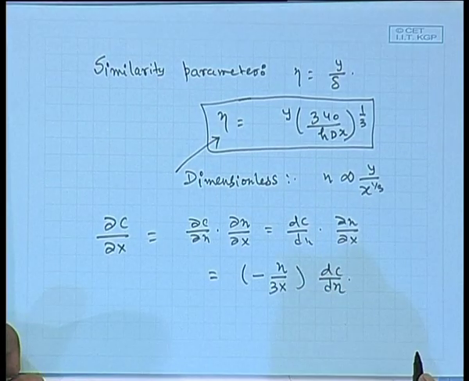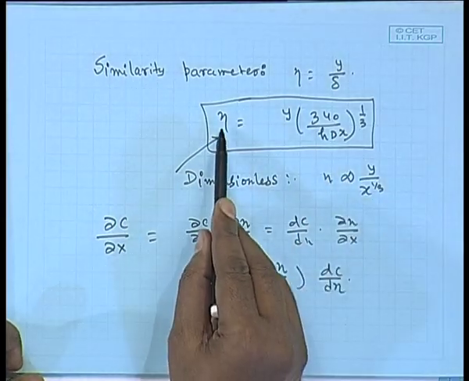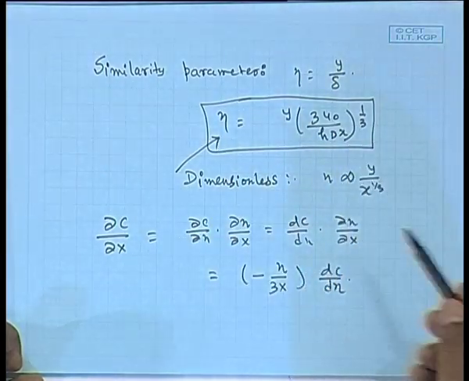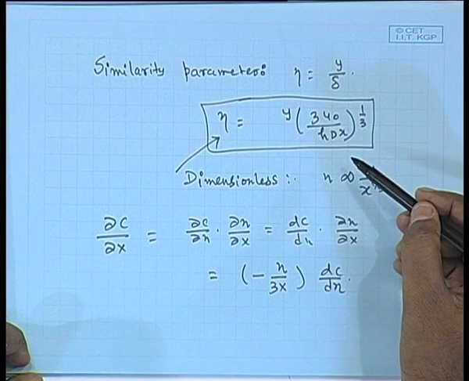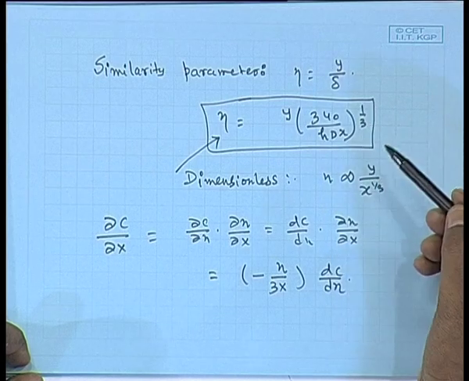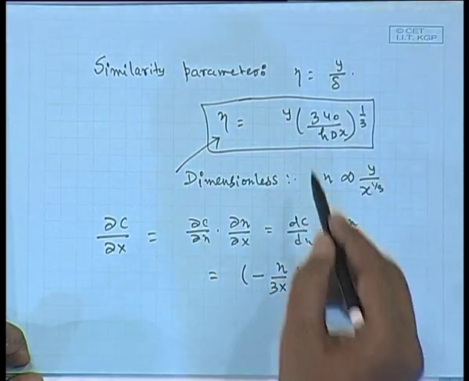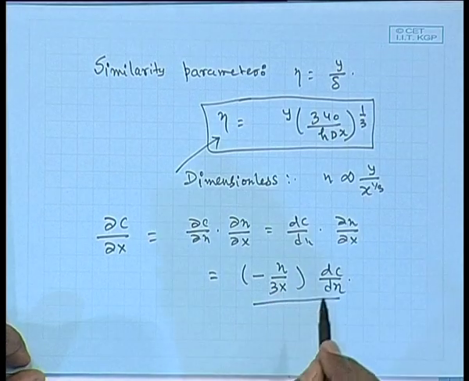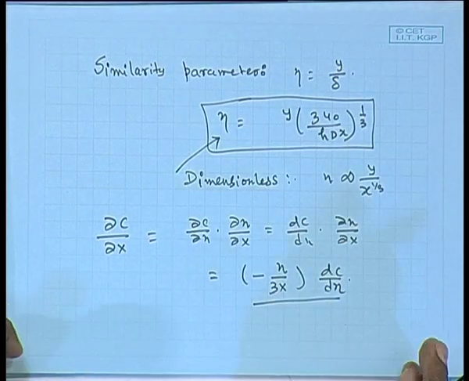Just take the derivative: x to the power minus 1 by 3 comes in front, and it becomes x to the power minus 4 by 3, and then you can combine, and it will be in this form finally.